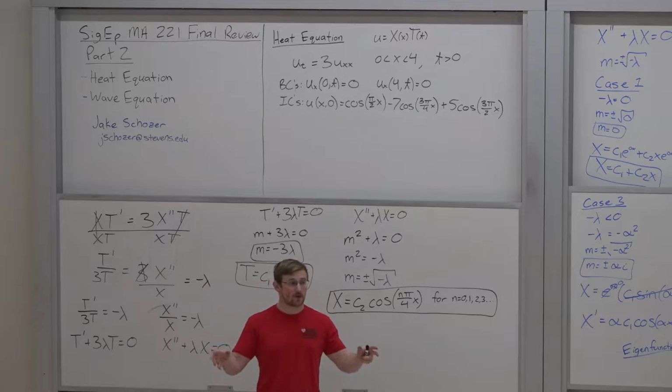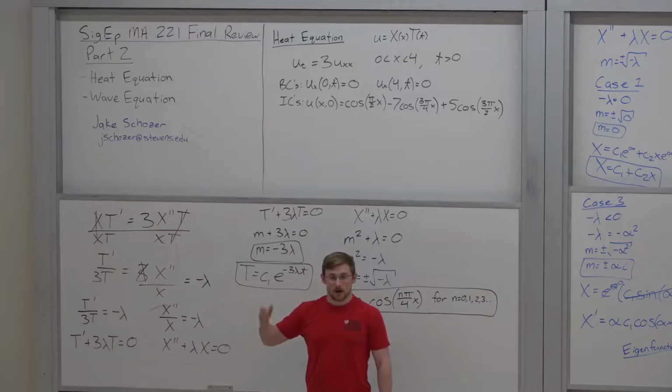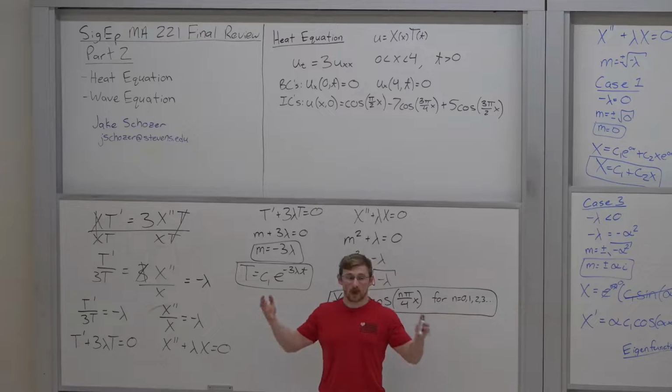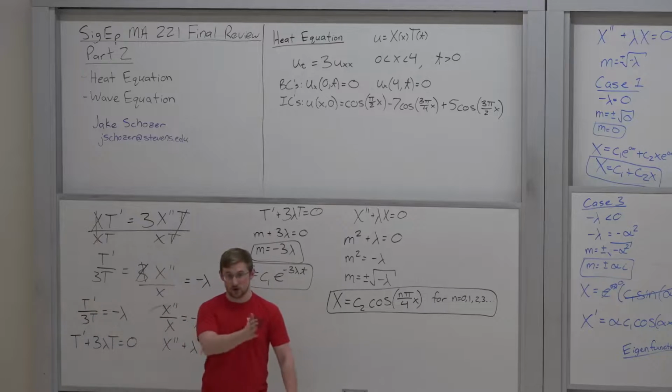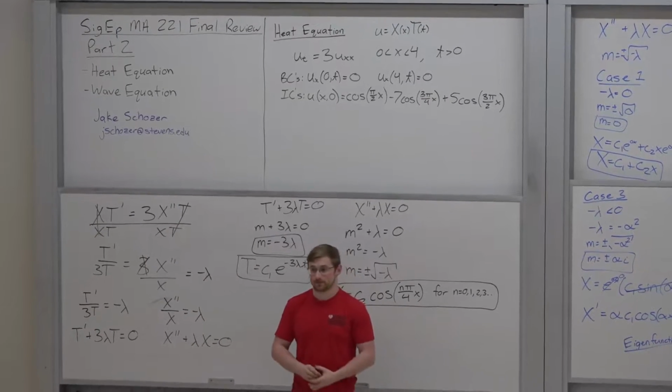In both of those physical examples, that function is either the temperature in your heat equation or the amplitude of your wave in your wave equation. Both of those have the property where u is equal to capital X, your horizontal position, times capital T, your time.